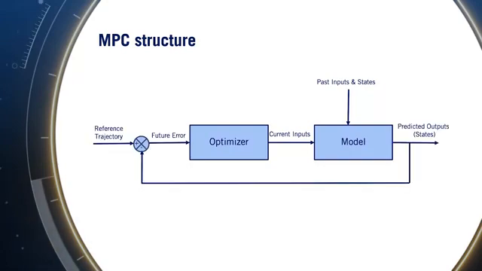The model then outputs predicted states at the next time step, which are compared to the reference trajectory and passed into the optimizer as the future or predicted error. The optimizer also receives updated constraints and the cost function to use, which can be fixed in advance or varied based on changing operating modes. The optimizer then solves its optimization and the process repeats.